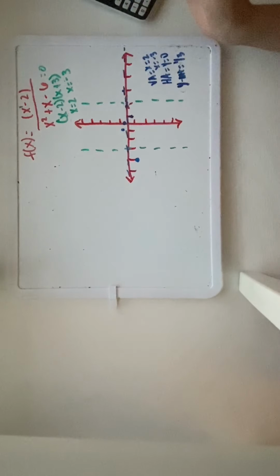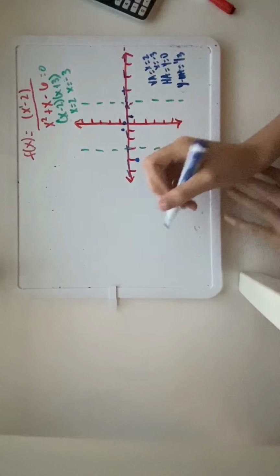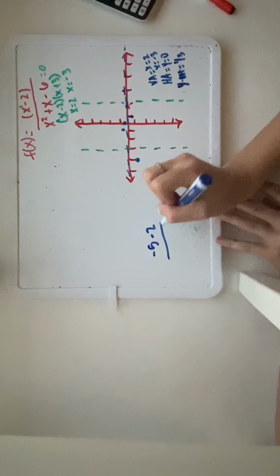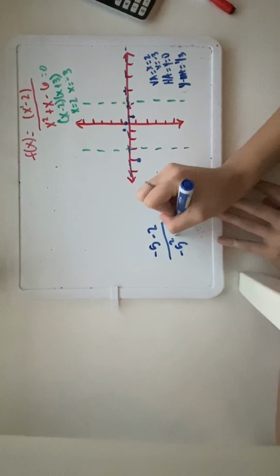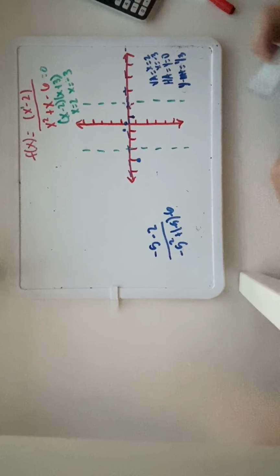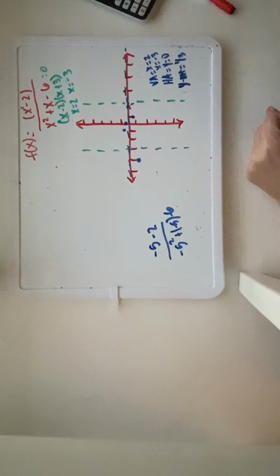Since we have a point over here, we're also going to graph negative 5. So we're going to do negative 5 minus 2 all over negative 5 squared plus negative 5 minus 6, because we need to know whether it's slightly above this point or slightly below. That way we know which way our graph is going.